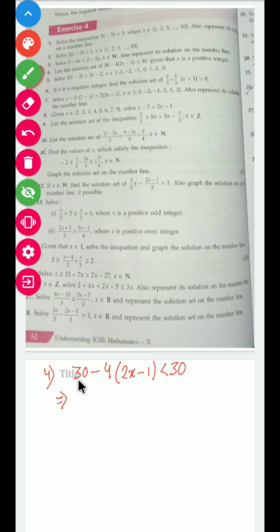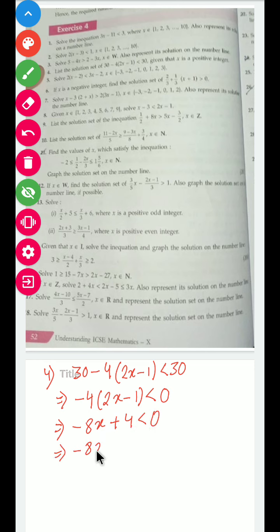Now look, if this 30 goes to that side, this will be 30 minus 30, that will be 0. Now if you multiply this number, here it will be minus 8x and minus minus will be plus 4, less than 0.